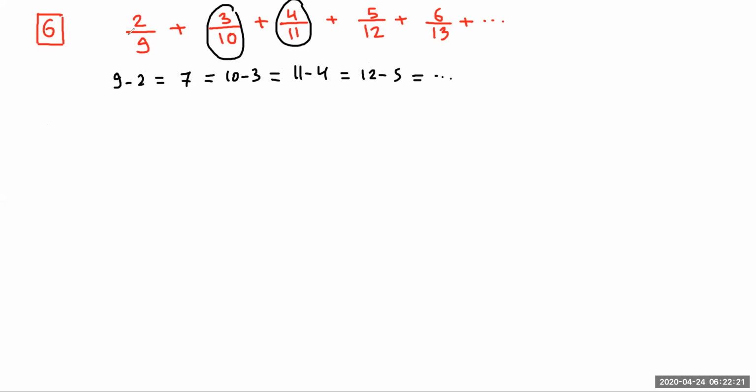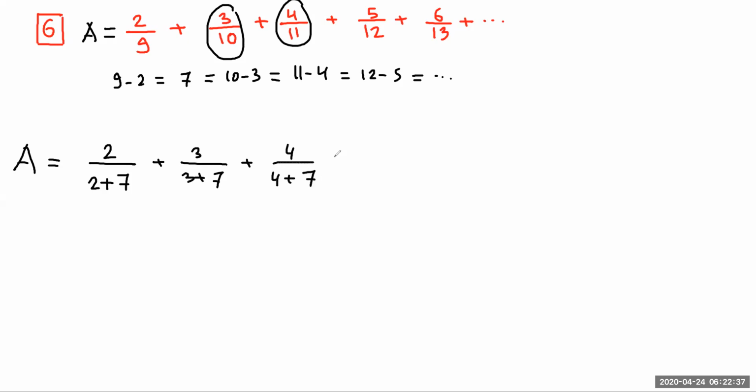So we can write, if I call this A, so A is 2 over 2 plus 7 plus 3 over 3 plus 7 plus 4 over 4 plus 7 plus etc. So this is sigma n over n plus 7 from n equal 2 to infinity.